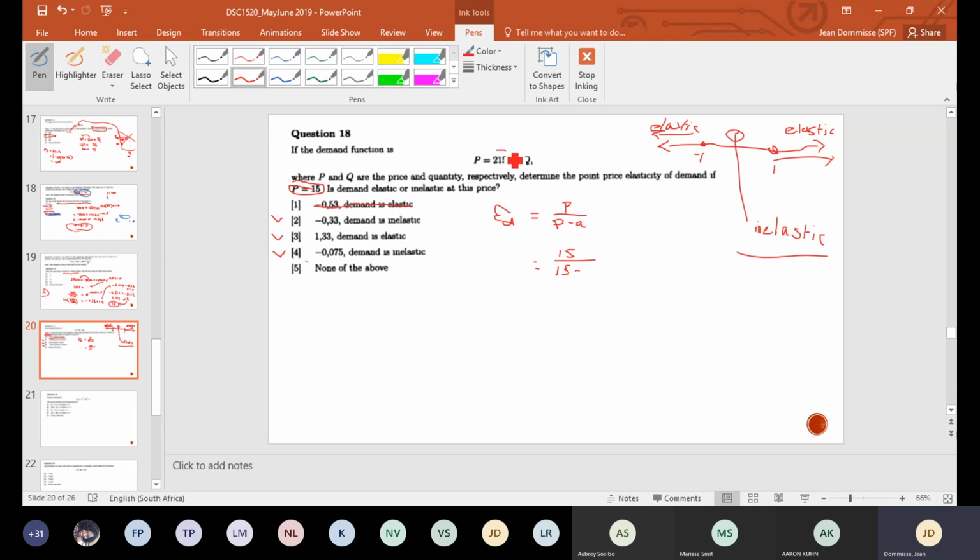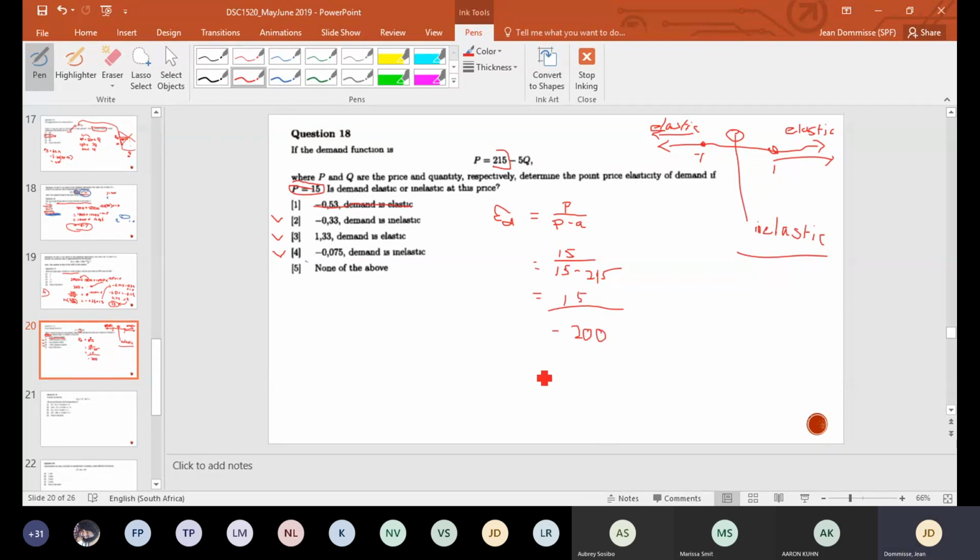A is equal to -215. So basically 15 divided by minus, oh yes, that is 215, not 2, so it's divided by 200.